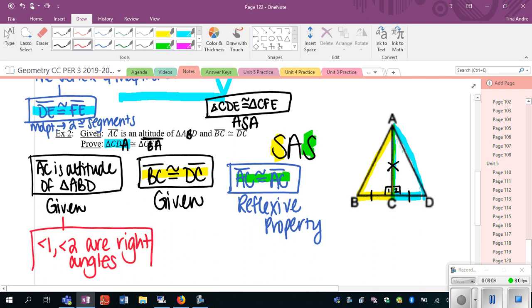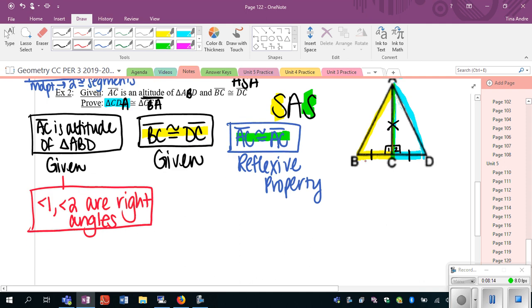And that's because altitudes form right angles, or altitudes are perpendicular with the base of the triangle or with the opposite side of the triangle. So I'm going to just say altitudes imply right angles.